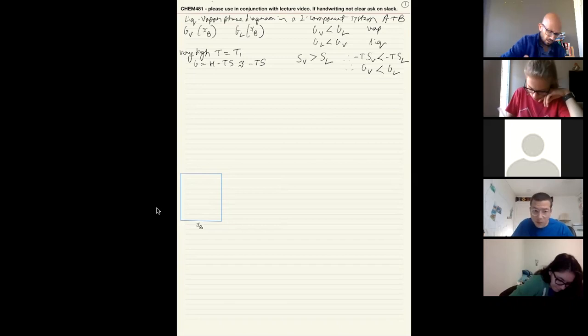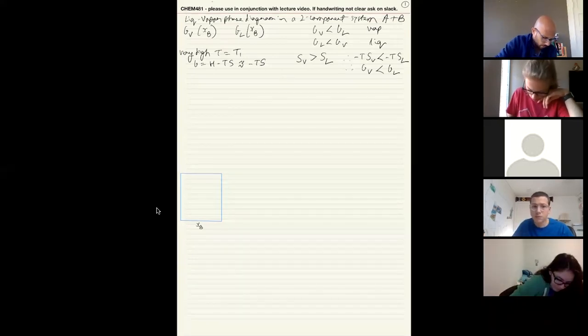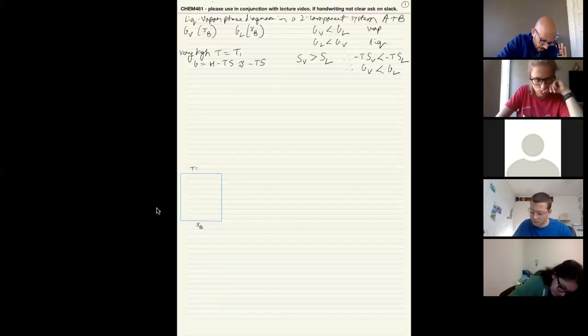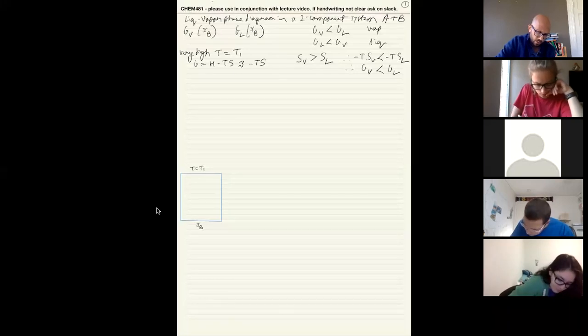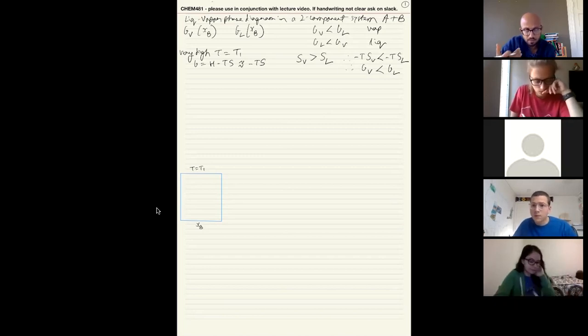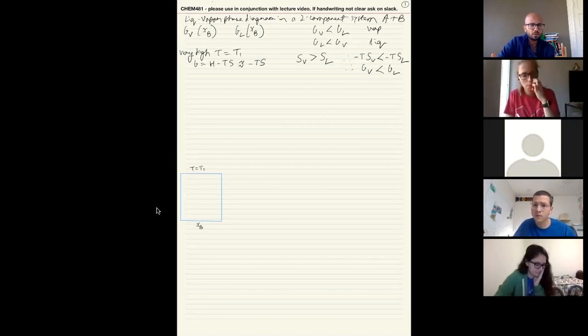So we are talking about the free energy of the vapor at a very high temperature, T is equal to T1. At the very high temperature, we have just shown that G vapor is going to be smaller than G liquid. How is either of these curves going to look?